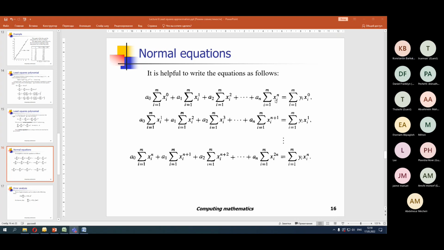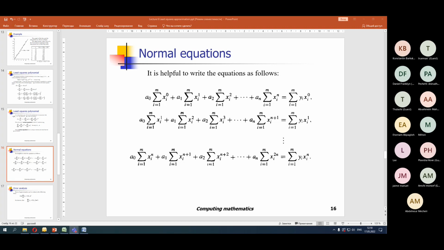And so, suppose we are going to find the least squares polynomial of degree 2. So we need to interrupt this process here. And we should compute the sum of x power 0, the sum of ones, m, the sum of x's, the sum of x squares.